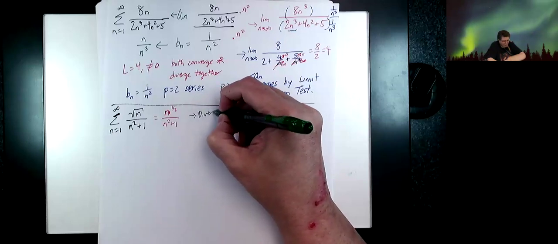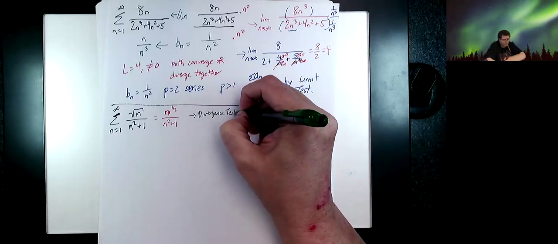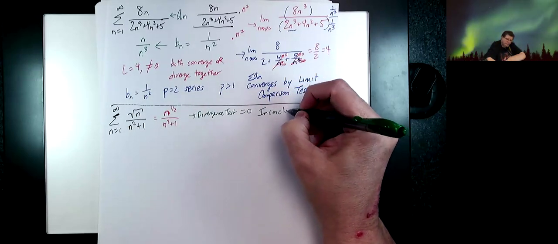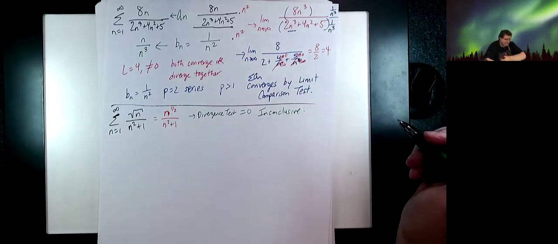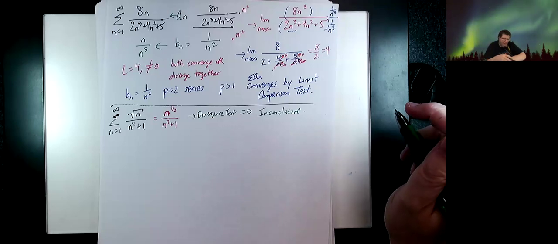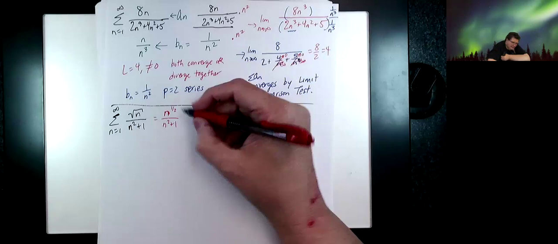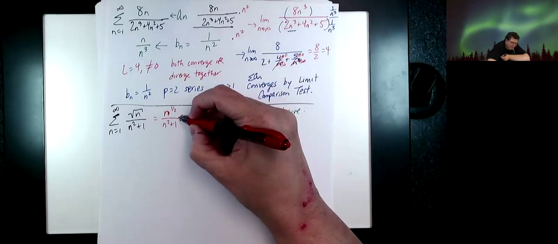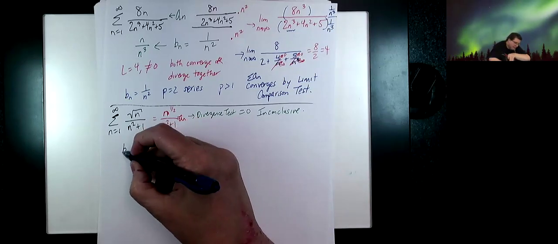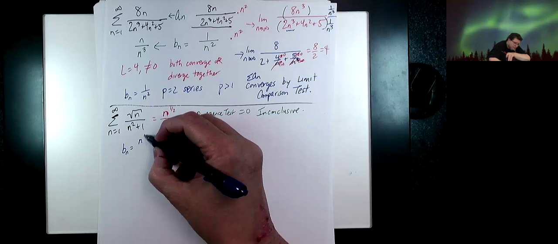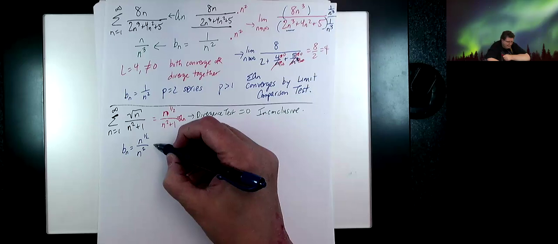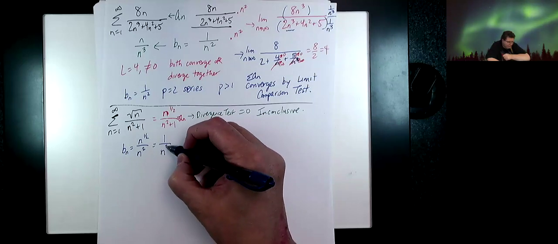Divergence test will show 0, so inconclusive. But if you write that as n to the 1/2 over n squared, we can make that our a sub n and pick b sub n to be the first term or leading term on top and bottom. That is going to reduce to 1 over n to the 3/2.